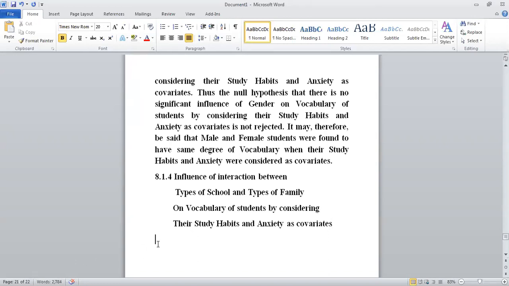Okay. Now, the adjusted F value for the interaction between types of school and types of family.